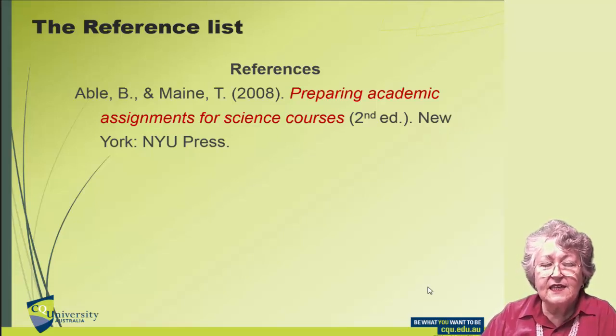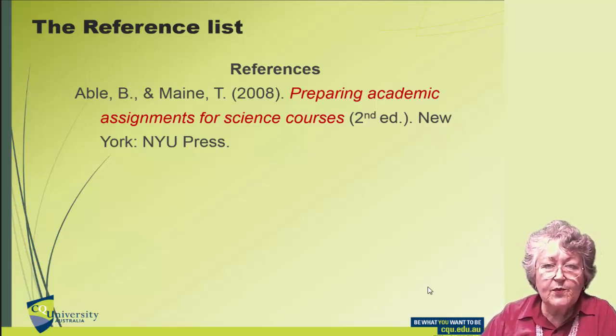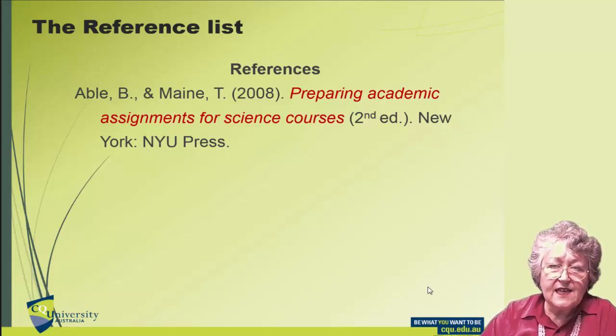Our second sentence is the date, and the date in APA always appears within brackets. So here we have 2008 within brackets, full stop afterwards. The title of the document, if it is a book, as it is in this particular case, is presented in italics, but is also in what we call minimal capitalization, which means the first letter of the first word is capitalized and no other words, unless they are proper nouns, are capitalized.